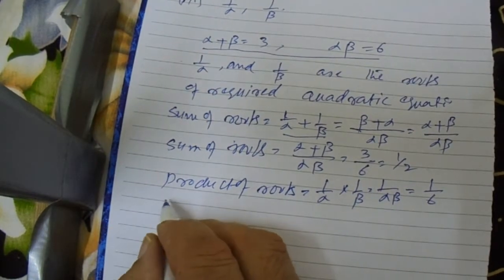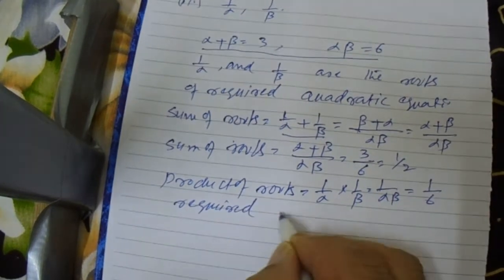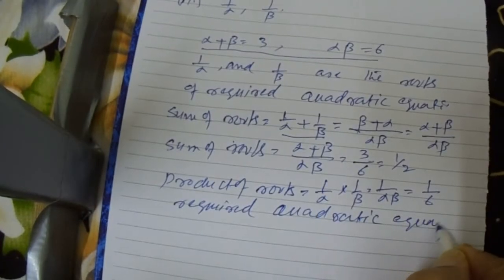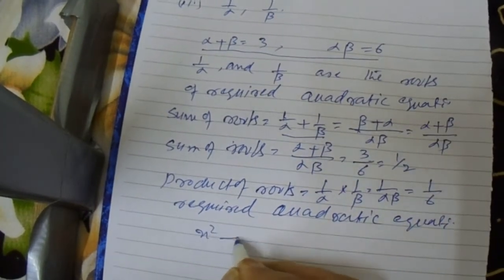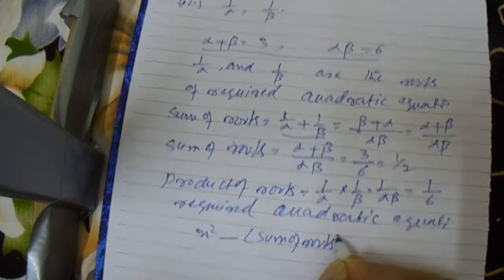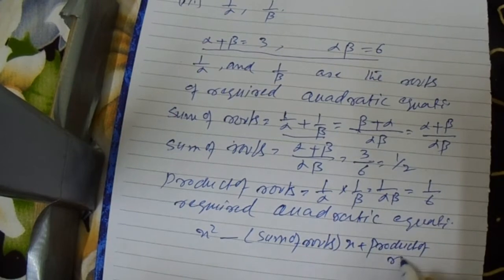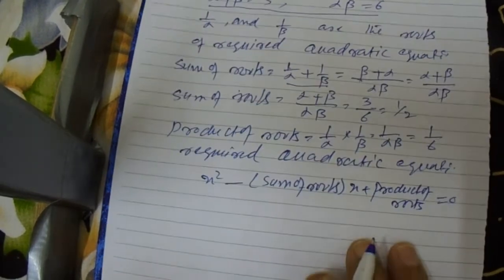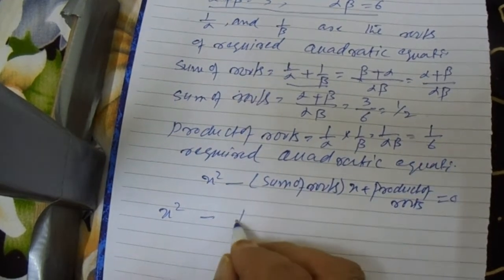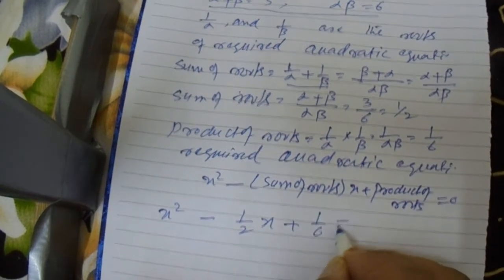Now the required quadratic equation is x square minus sum of roots x plus product of roots is equal to 0. Now x square minus sum of roots, 1 by 2, x and plus product of roots, 1 over 6, is equal to 0.